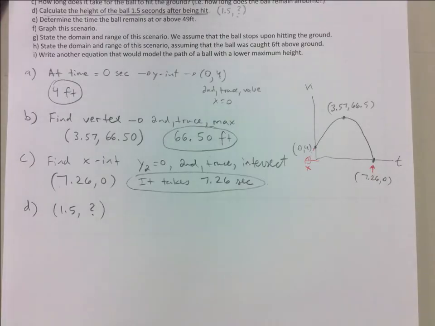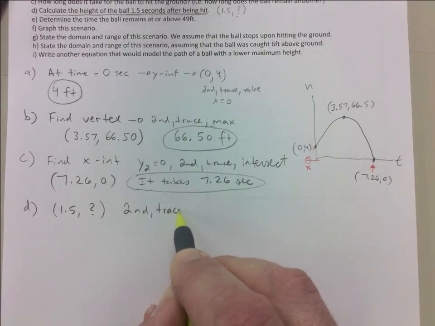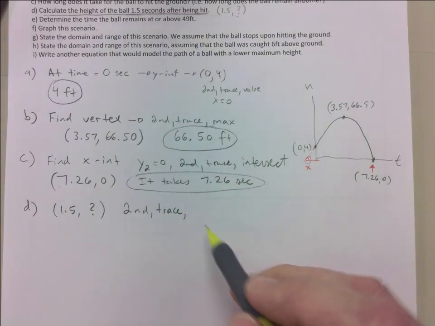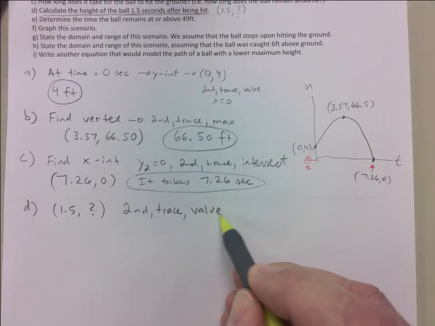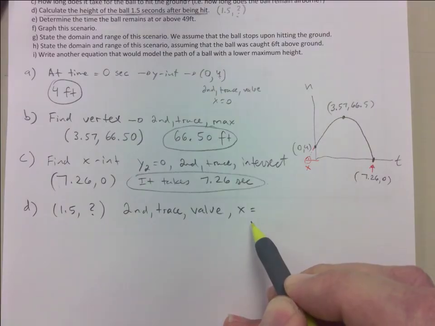What function on our calculator would we use in this case? Second, it's going to be second trace. Yeah. Value. That's correct. Why value? Because remember how it blinks and says x, hey, give me an x value? So what is x value right now?